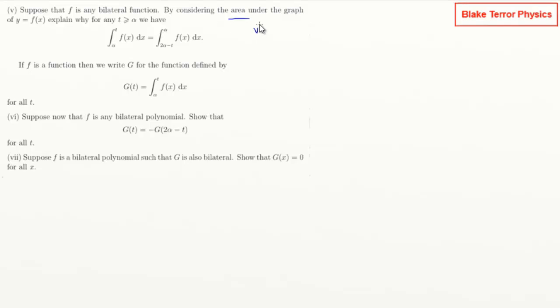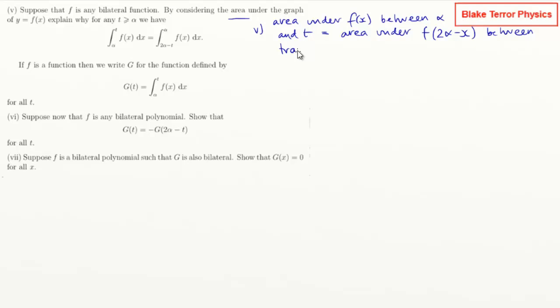Well, we would do really, wouldn't we, if this is all integrals? So we can say the area under f of x between alpha and t is equal to the area under, well, it would be the area under f of 2 alpha minus x, I assume this is where we're going, between the transformed limits.